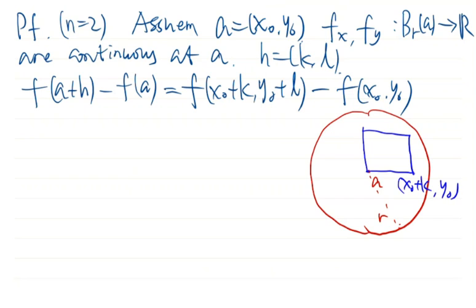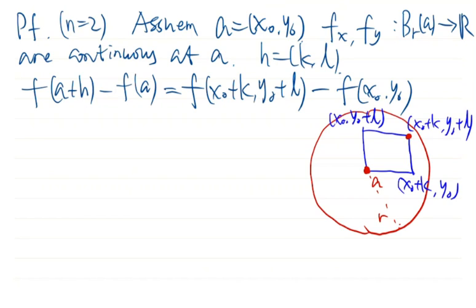Here is (x0, y0 + l). Of course, this is (x0 + k, y0 + l). So we want to study the difference of the value of this function at the center of this disk and at this point.